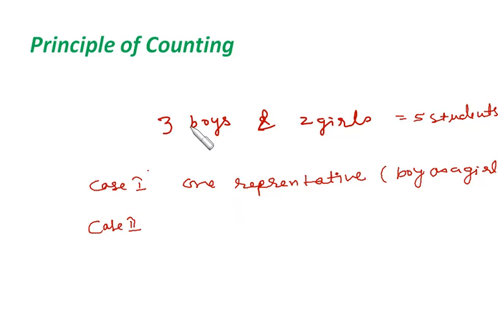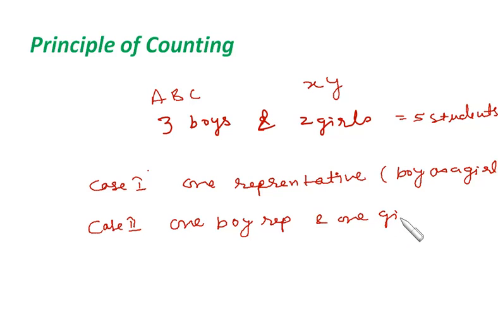Now I take another case. Suppose these three boys are maybe A, B, C, and these two girls are maybe X, Y. Now the next case is I have to choose one boy representative and one girl representative, right? Now how many combinations of the students will I get? See, in the earlier case I was choosing just one.